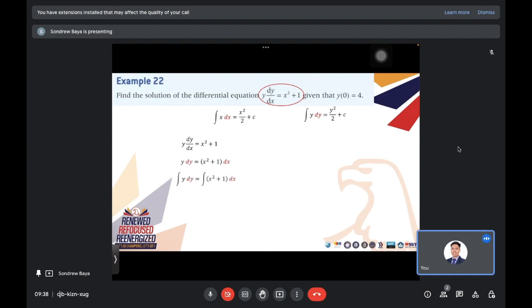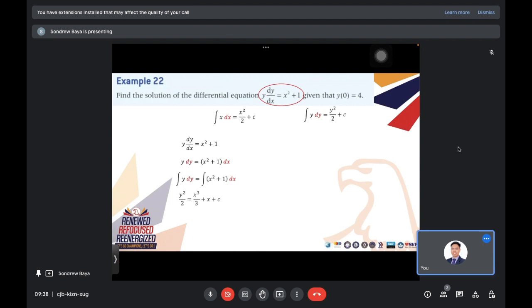So we integrate both sides because they are now appropriate. The y is now with the dy, the x function is now with the dx. If we integrate this, we will get y squared over 2 is equal to x cubed over 3 plus x plus c. Pause this video and try to understand. Most importantly, don't forget to take down notes.